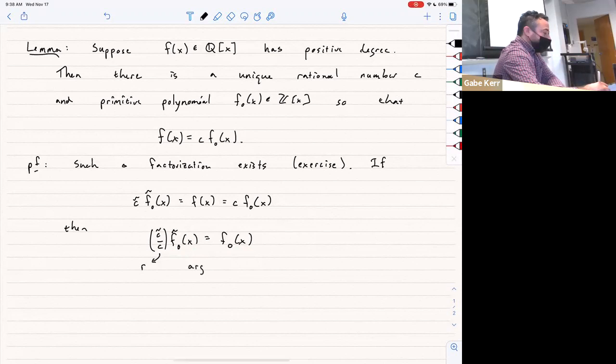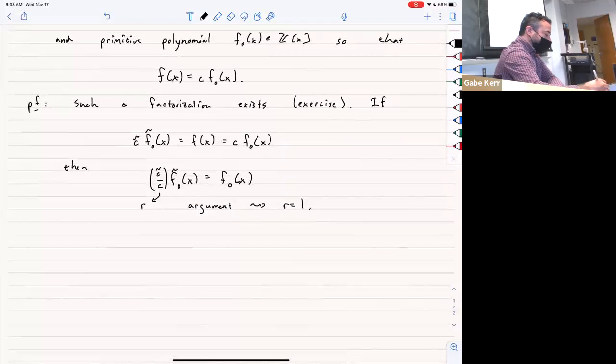So that's a verbal argument, but hopefully you'll be content with that. Because r equals 1, these two primitives are the same. And we have these two constants. Multiplying both sides of r equals 1 by c gives us c tilde equals c.